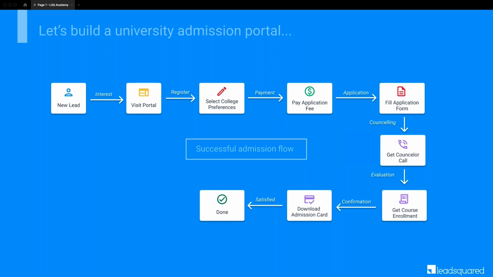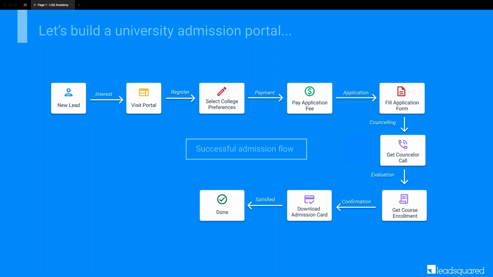We would ideally want them to pay a nominal application fee, something like 1,000 or 1,200, through our payment gateway. For example, we have integration with Razorpay. Then they continue filling out the rest of the application form, which might involve collecting the 10th and 12th mark sheets, entrance exam scores and stuff like that.